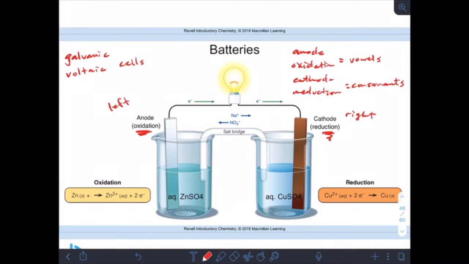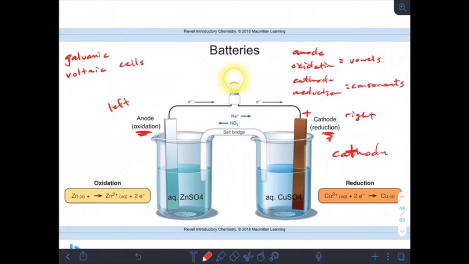The other way that I figured it out before I recognized that part of things is that the word cathode has a positive sign on it, and the cathode is also the positive electrode. My other favorite is the red cat. But the important thing is that in any image of an electrochemical cell like this, anode is on the left, cathode is on the right.